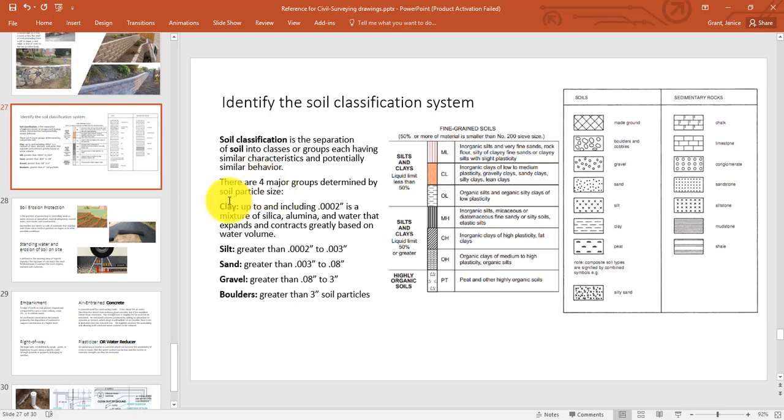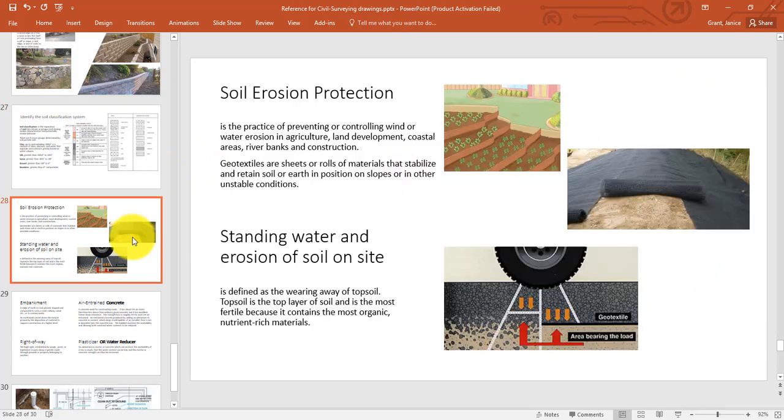When we look at those four major groups, we have clay, silt, sand, gravel, and even boulders. So more than four, but they're determined by how big the grain is, the particle. So greater than 3 inches is considered a boulder. But here are some of the ways that you'll see that type of soil on the site plan.